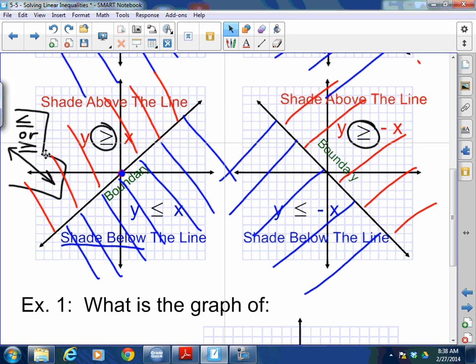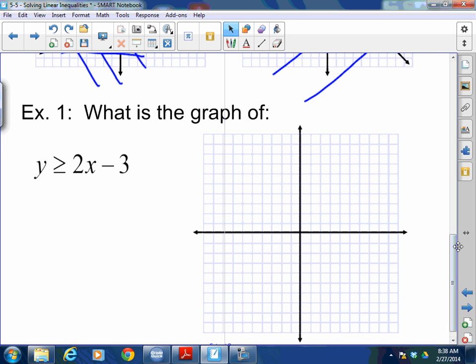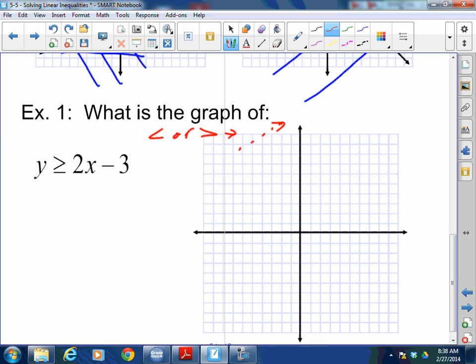Okay. So if you know how to graph a linear equation, then you know how to graph a linear inequality. The only difference is if I have a less than or greater than, I'm going to use a dashed line. If I have a less than or equal to or a greater than or equal to, I'm going to use a solid line.